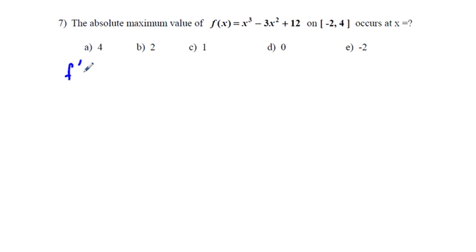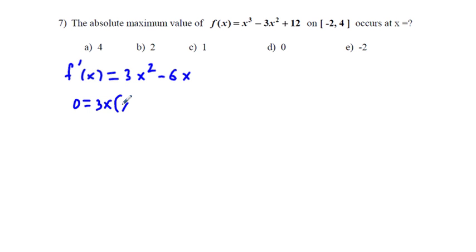f prime of x is equal to 3x squared, and then we have minus 6x, and derivative of 12 is 0. So setting this first derivative equals 0, we say 0 equals, we factor a 3x out of each one of these terms.